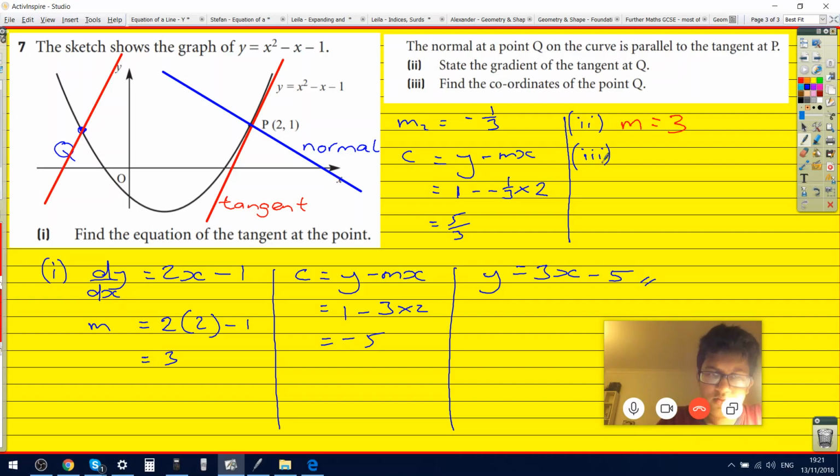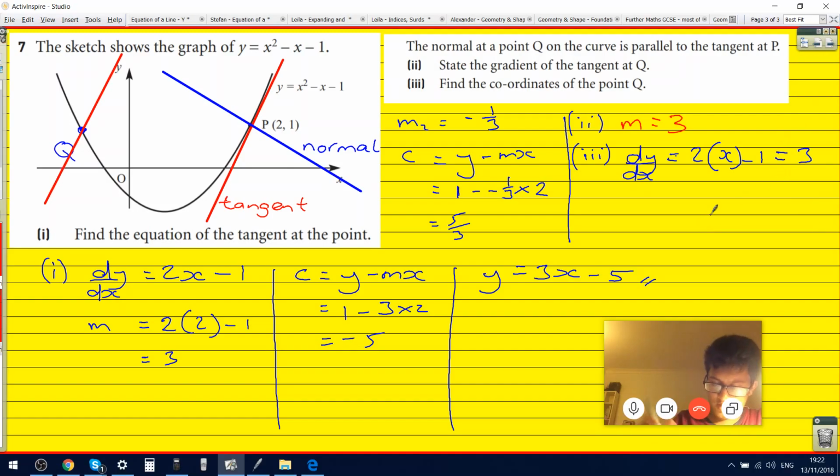What do you know about this Q, about this normal? The normal, I guess the only thing is it's parallel to P. Okay. How can you use that? The gradient is the same, so 3. But I don't know what else to do. Not enough. So basically, if its gradient is 3, and you did dy by dx for that point, you would get 3.